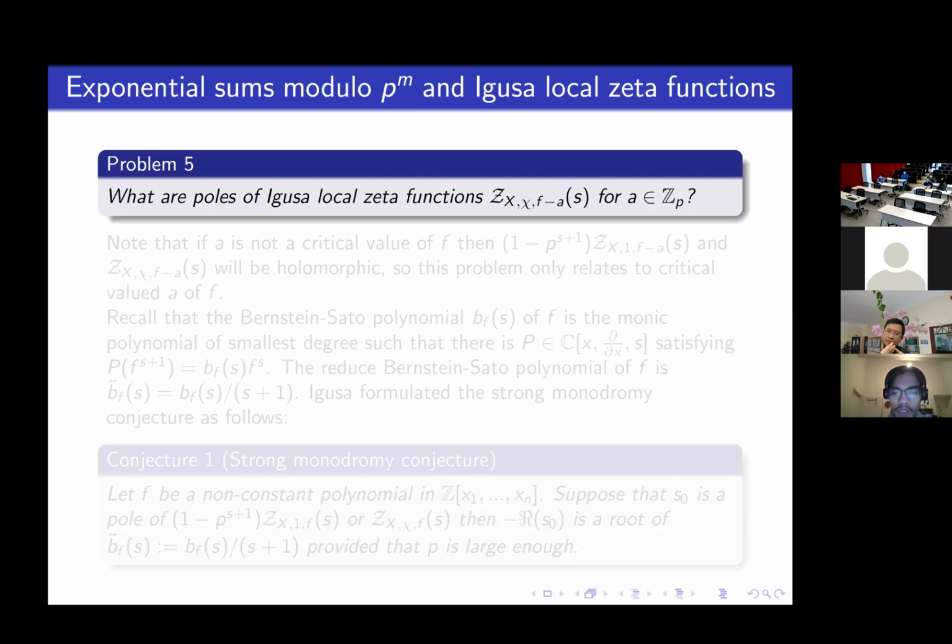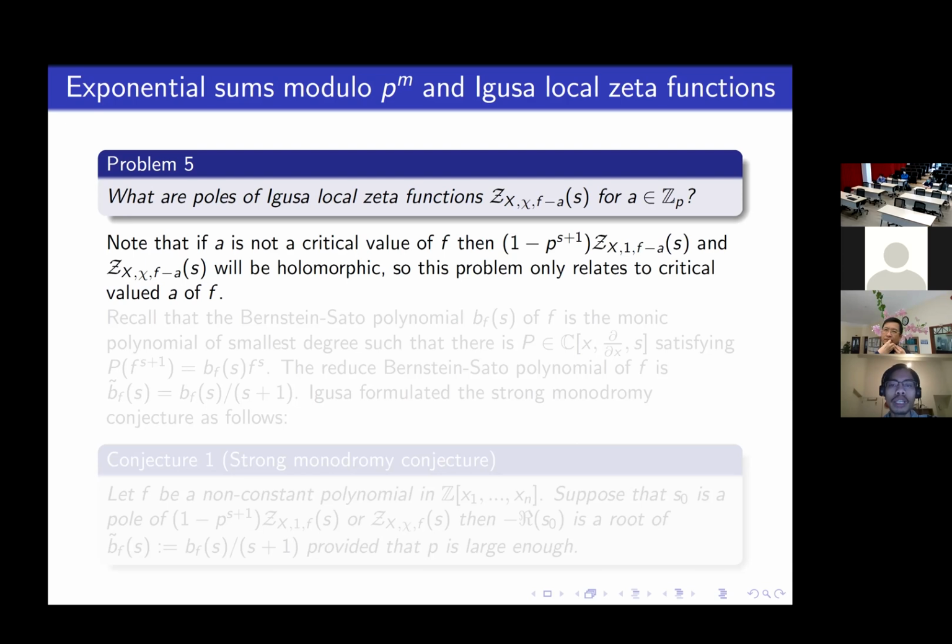So to know about the constant sigma_{X,f,p}, we have the question: what is the pole of the zeta function Z_{X,chi,f minus a}(s), for a in Z_p?